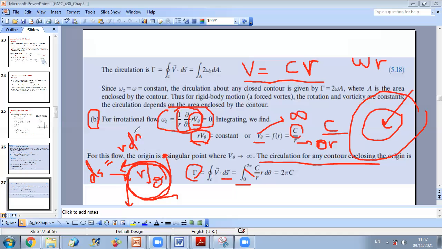Since the velocity has only a tangent component, it is along u theta. And ds is also along u theta. So when you do v dot ds, you don't have to project, because v and ds are collinear.